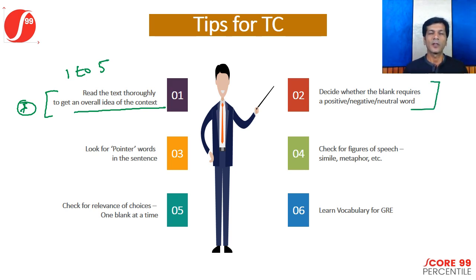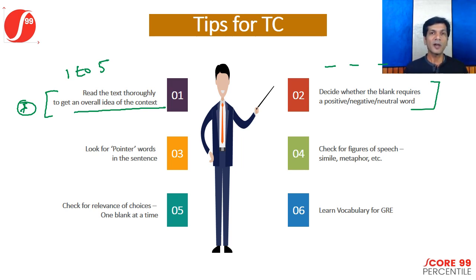Point number 2. Decide whether the blank requires a positive, negative or neutral word. Now let's suppose you're looking at a 3 blank question, a text that has 3 different blanks. Now these 3 different blanks could be a part of one single sentence, or they could be a part of 2 sentences or 3 sentences or 4 sentences, it doesn't matter.